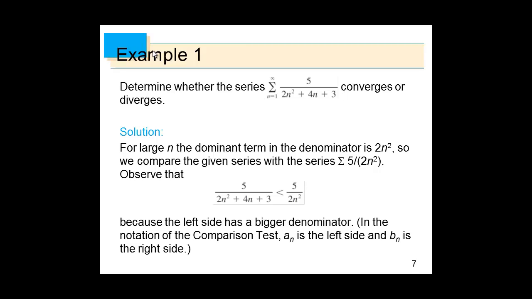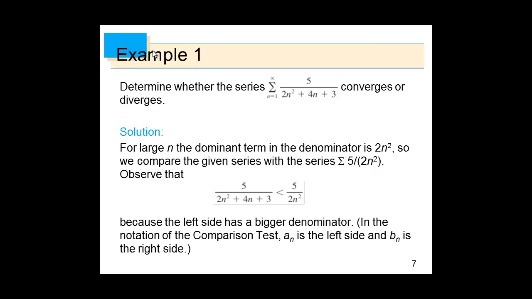So you're dividing the same number 5 by a bigger denominator, so the ratio on the left has got to be smaller than the ratio on the right. Is that making sense? You guys okay with that? It's like saying 2 over 5 is smaller than 2 over 3, right? 2 over 5 is smaller than 2 over 3.